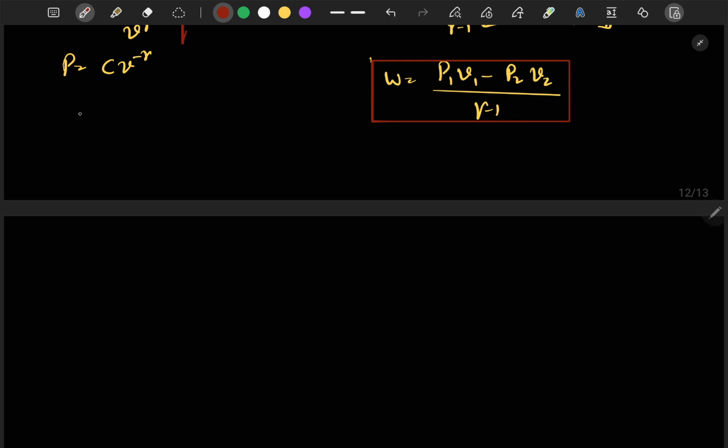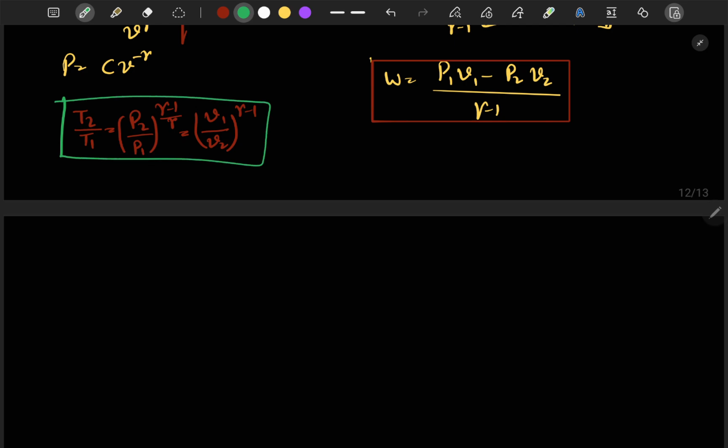So we will obtain T2 by T1 is equal to P2 by P1 to the power gamma minus 1 by gamma is equal to V1 by V2 to the power gamma minus 1. This relation you must remember. This is a very important point here, and I will mark it as star.